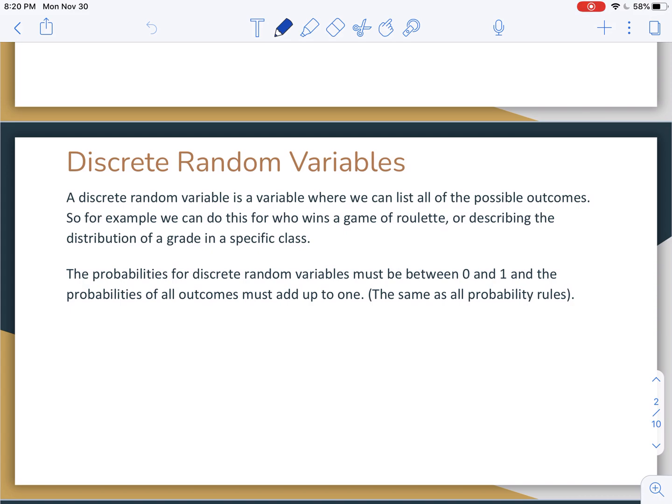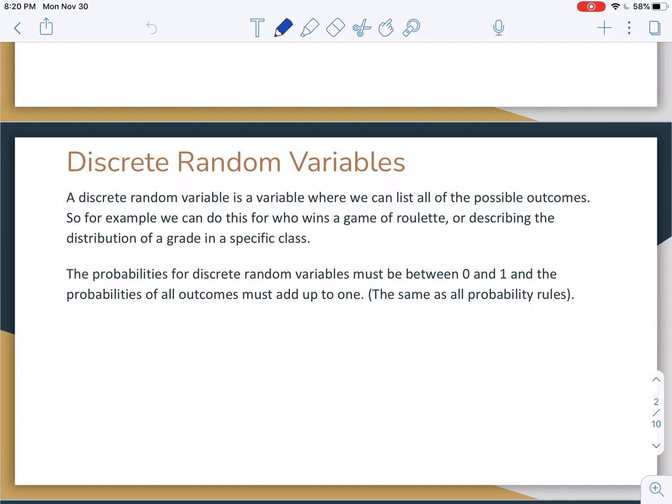A probability of 1 means that it always happens. And then all of the probabilities of all your outcomes have to add up to 1. They can't be short of 1, and they can't be above 1. Something has to happen. So when you add up all of those probabilities, it still has to add all the way up to 1.